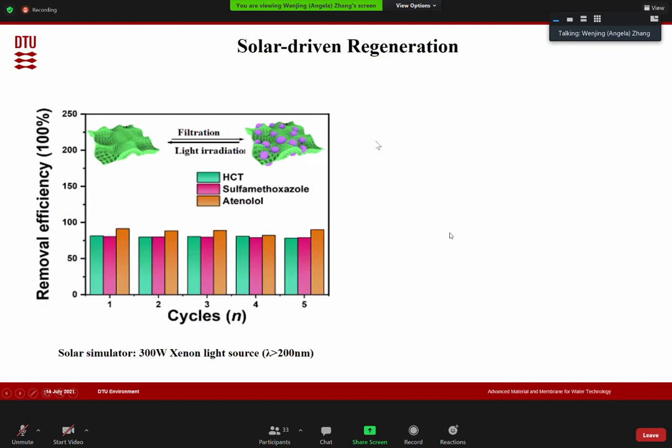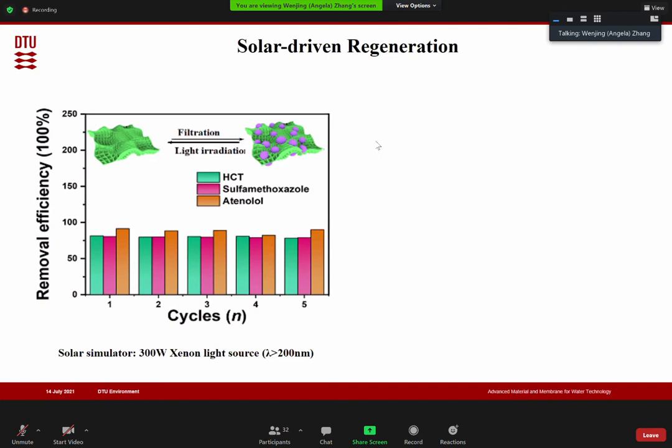Here, we found out our LDH also has photocatalyst properties. What we do is pick three different pharmaceuticals from previous review articles, where they list the pharmaceuticals found in surface water and also drinking water.